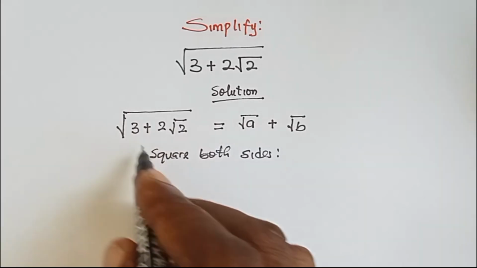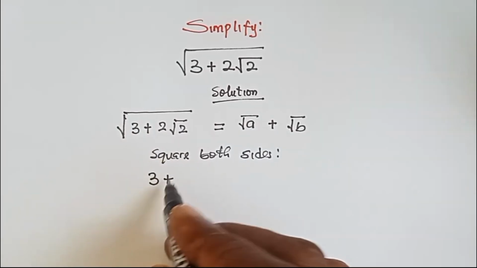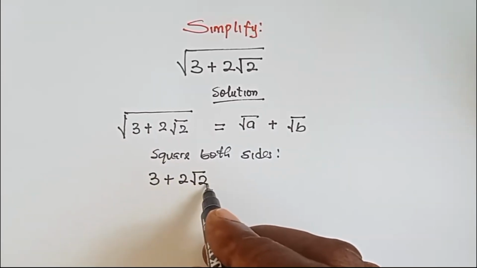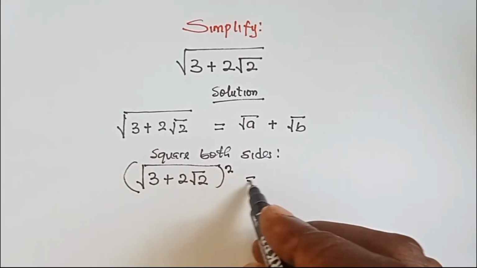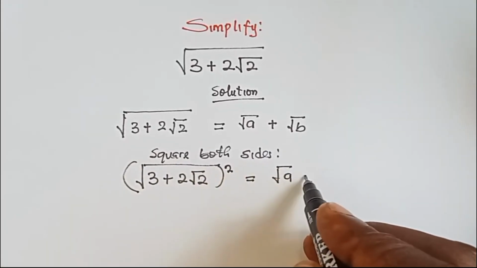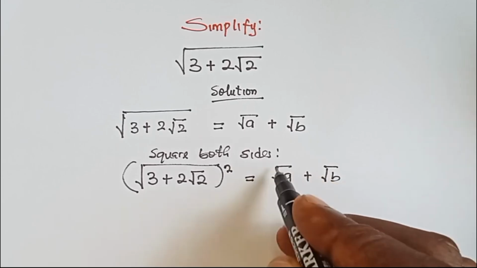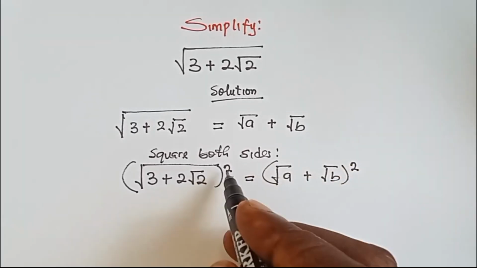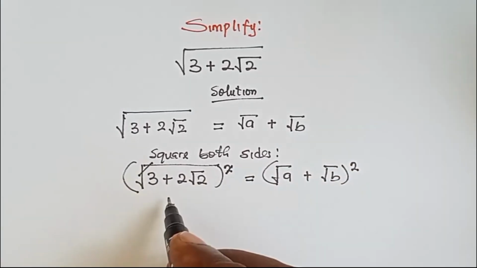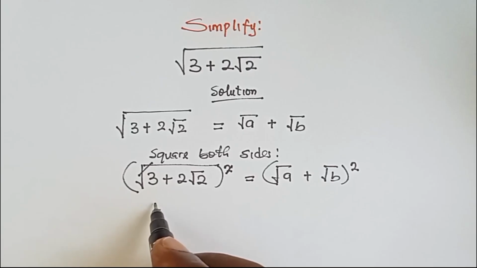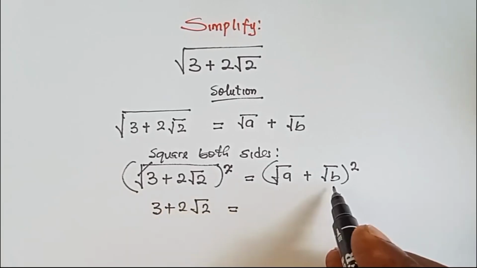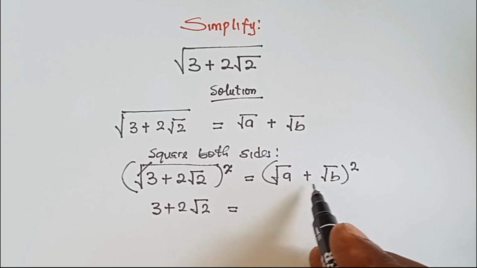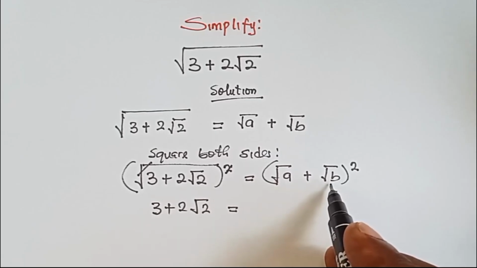When we square both sides, we have 3 plus 2 root 2, and then we square it, and we also square the other side. The square cancels the square root. Then we have 3 plus 2 root 2 equals to... this means we're going to write this in two places.